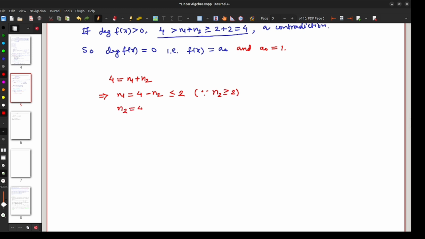Similarly, n2 equals 4 minus n1, which is also less or equal to 2 because n1 is greater or equal to 2. Thus, n1 is equal to 2 and n2 is also equal to 2. Hence, the characteristic polynomial of T is (x minus 1) squared into (x minus 2) squared.